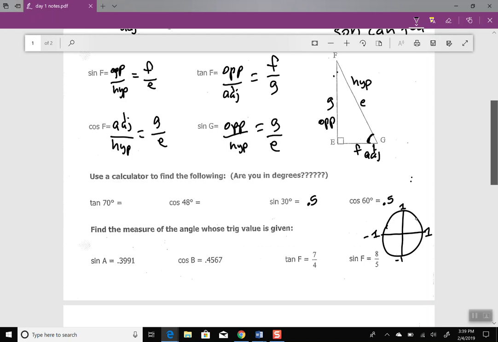Here's 45, here's 90, so 60 degrees is somewhere maybe right about here. If you were to drop this down and make your triangle, then the cosine, which is the adjacent side over the hypotenuse, asks for the length of this side, the x value. It would be 0.5, or halfway.